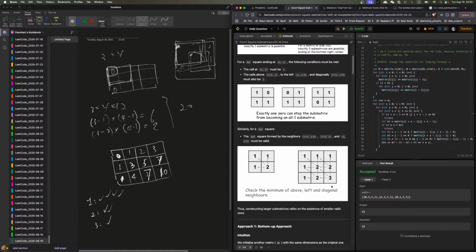The total is whatever squares we have here, the smallest of them, plus 1, because this is a 1. We add a new one.